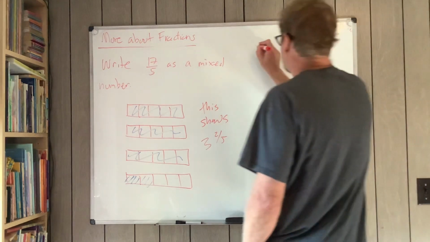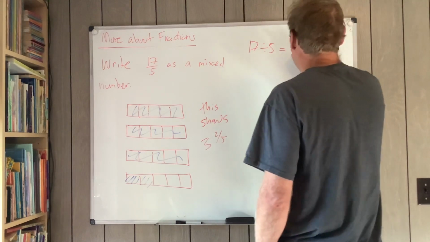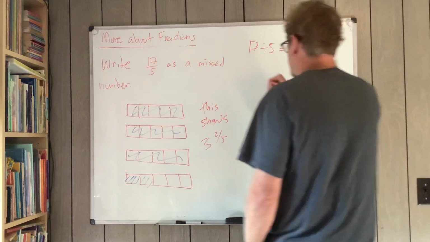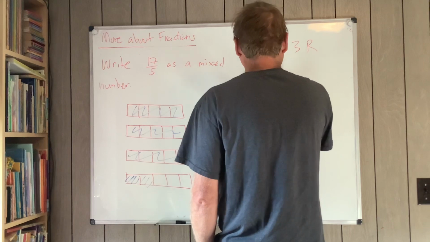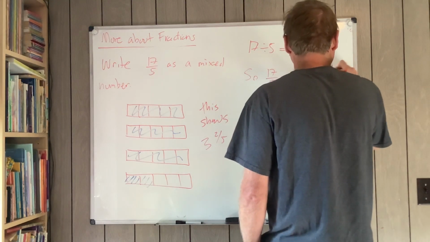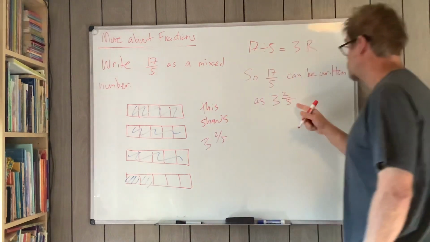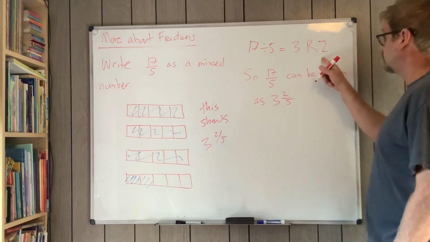So 17 divided by 5 is 3 remainder 2. So 17/5 can be written as 3 and 2/5. There's the 3, there's the 2, so 2/5.